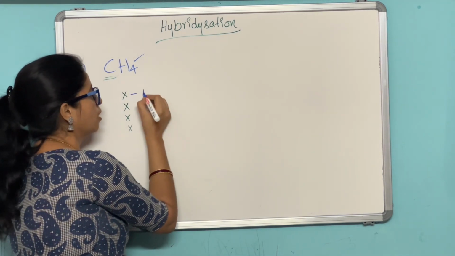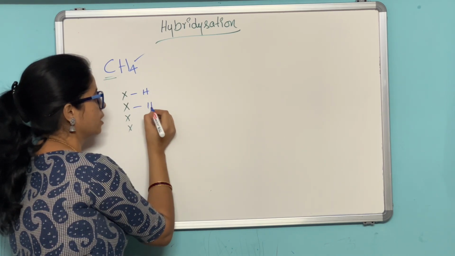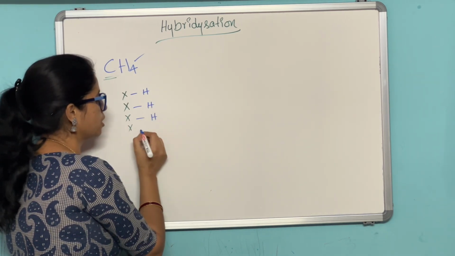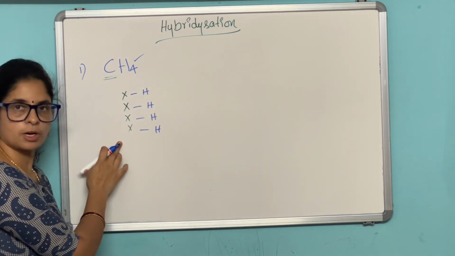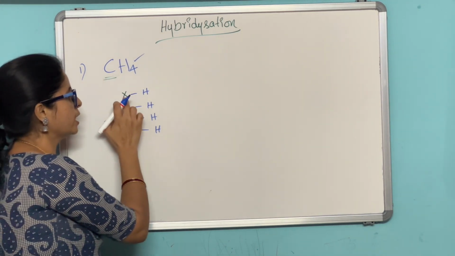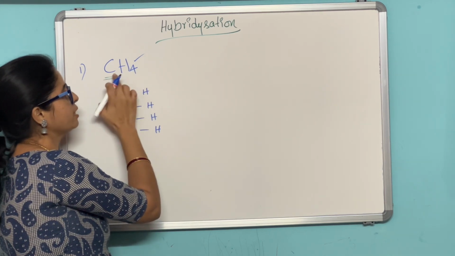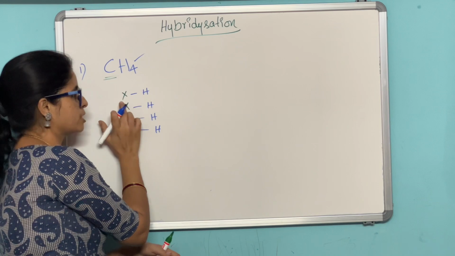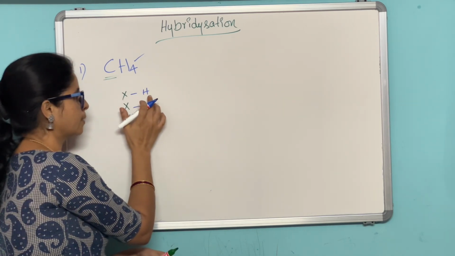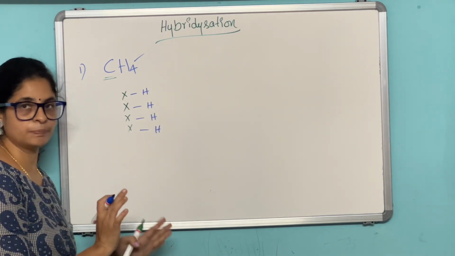One hydrogen, second, third, fourth hydrogen. Carbon belongs to the fourth group, 4 cross marks, and to each cross mark you attach whichever atom is attached to this carbon.